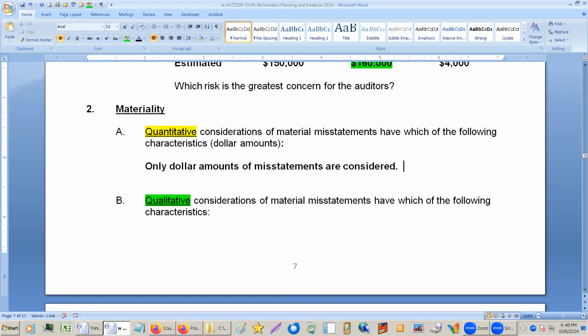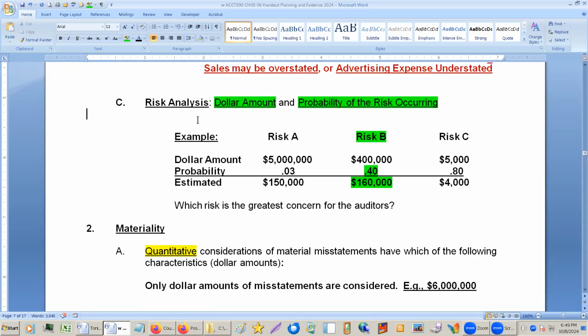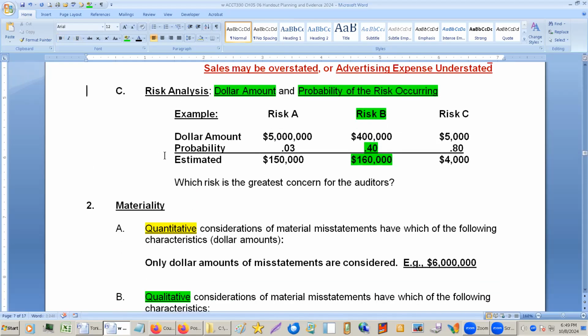For example, $6 million. This would be an example of a quantitative amount. What's material to the financial statements? It has to be at least $6 million.